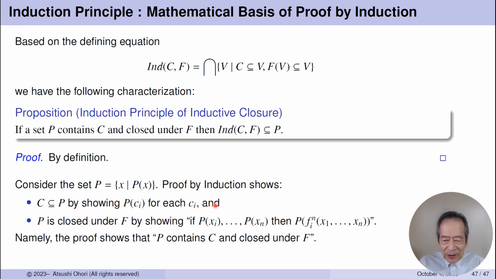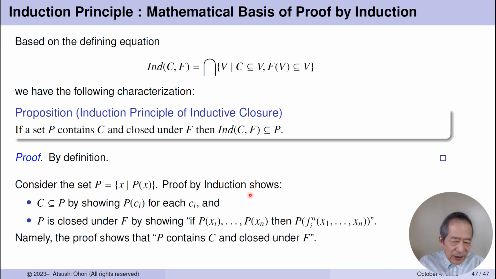And this base case simply establishes that large C is a subset of P, because P is the set of all elements x such that P of x is true. So if you show that P of Ci is true, then C is a subset of P.